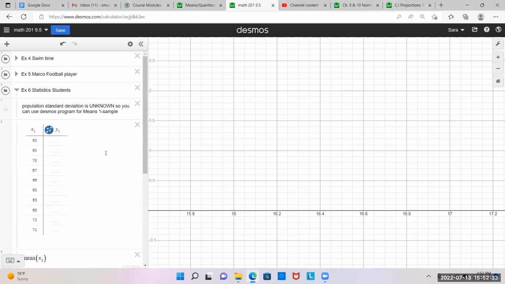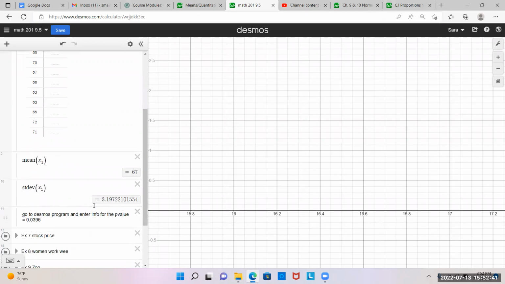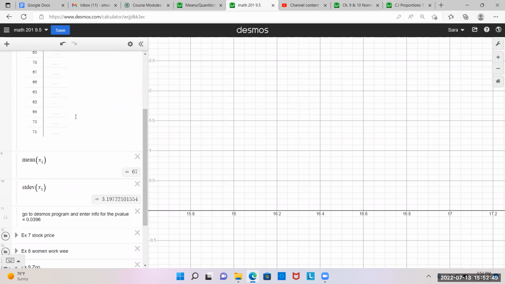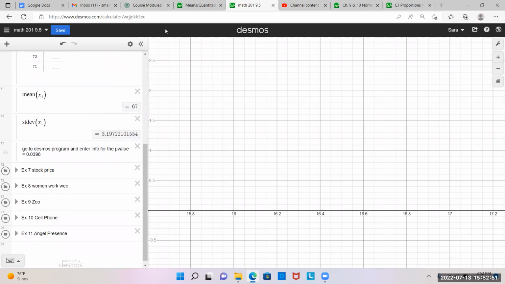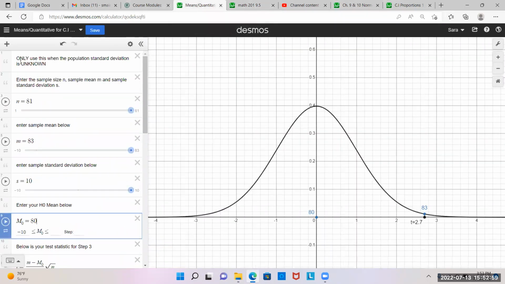To do that, you're going to need to get the sample mean. So I put my data in a table because we had raw data. I did the mean of X1 and the standard deviation so that we have the sample standard deviation. Also notice, because we do not know the population standard deviation, we're just going to use our program from Desmos. So I went to my means for one sample, and right here is what it looks like. It says only use this when the population standard deviation is unknown.